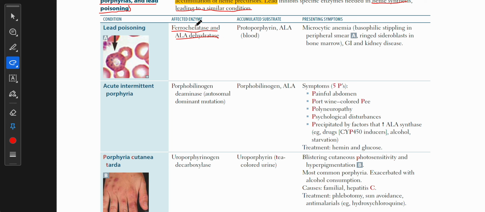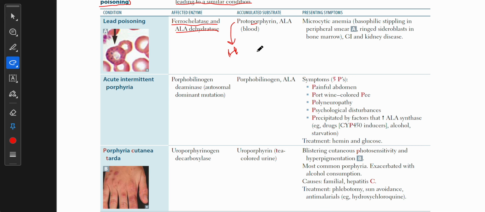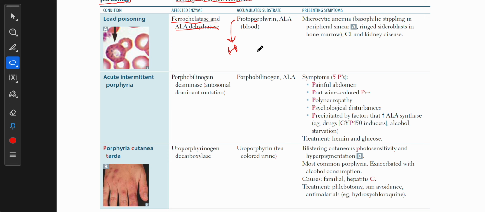So protoporphyrin accumulation occurs, because protoporphyrin is normally turned to heme by the ferrochelatase enzyme. That is why there is accumulation of protoporphyrin, and also ALA in blood is increased.